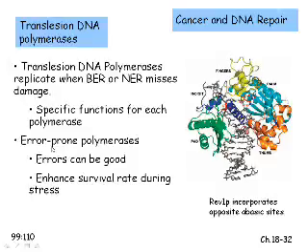When you have high stress levels and there's a lot of damage to the DNA going on, you may not be able to keep up with it with base excision repair or nucleotide excision repair. And under those stress conditions, these translesion DNA polymerases at least ensure that you don't get stuck with everything stalled on the damaged DNA, that you can continue the replication. You may have picked up some more errors in the process, but you can kind of carry on and hope to patch it up later on.